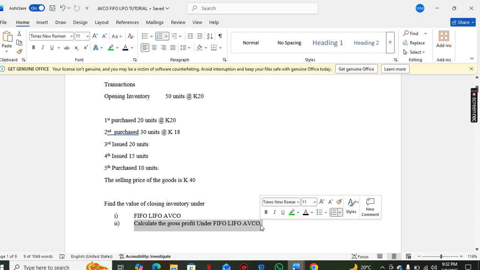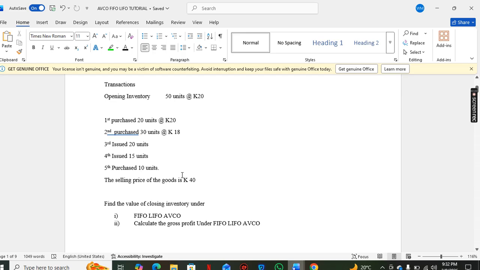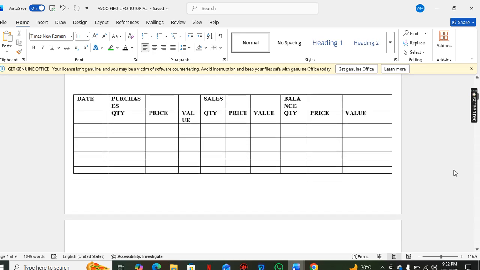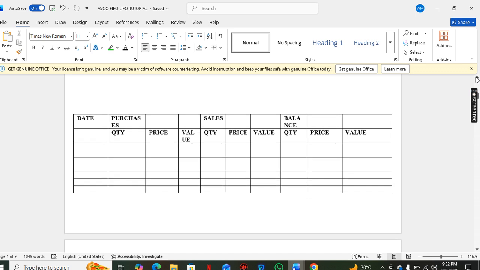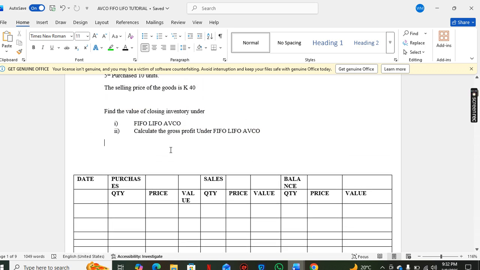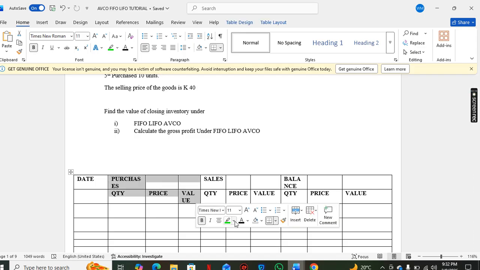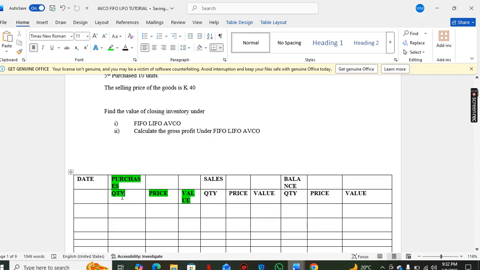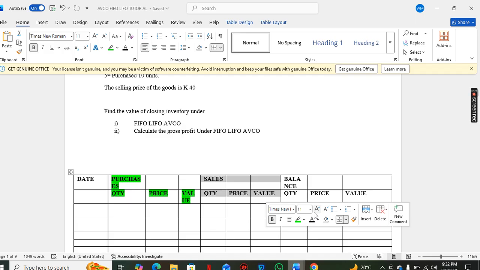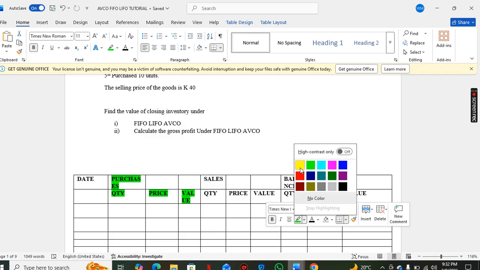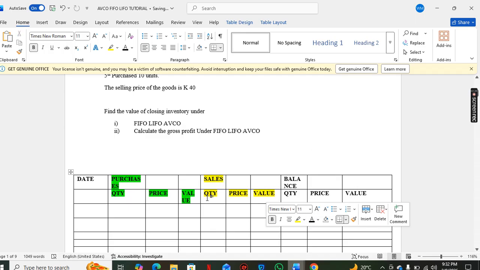So first things first, you need to make a stores ledger. This is a stores ledger here, colleagues. It's got three main columns. The purchases column, where you have the quantity, price, and value. You have the sales or issues column, quantity, price, and value.